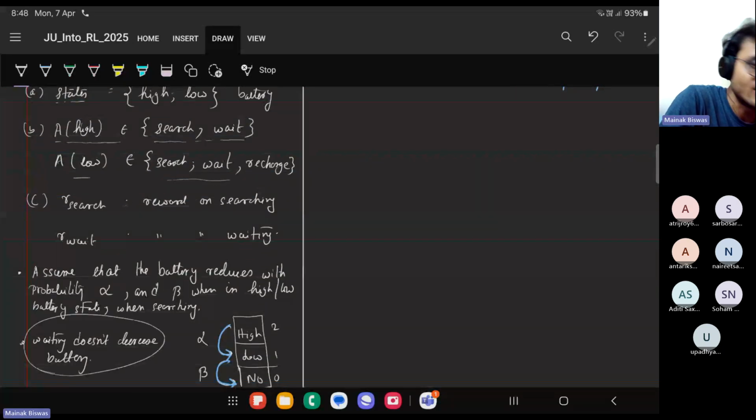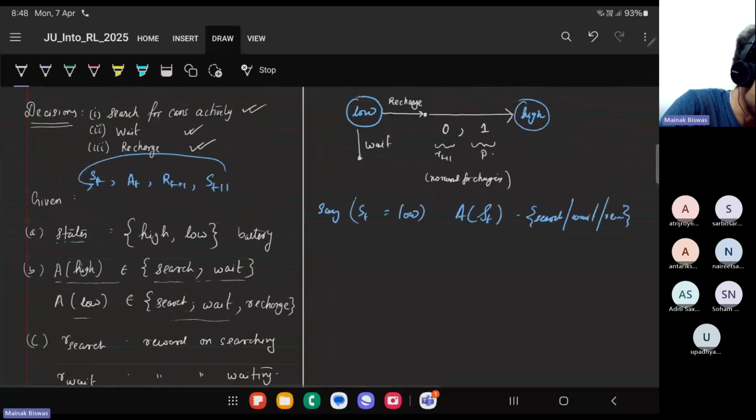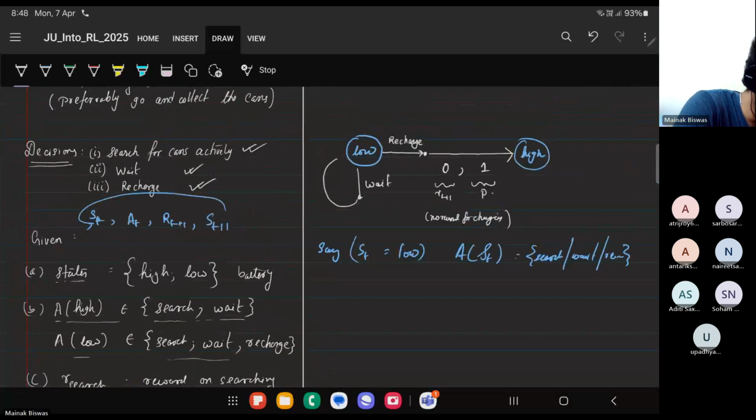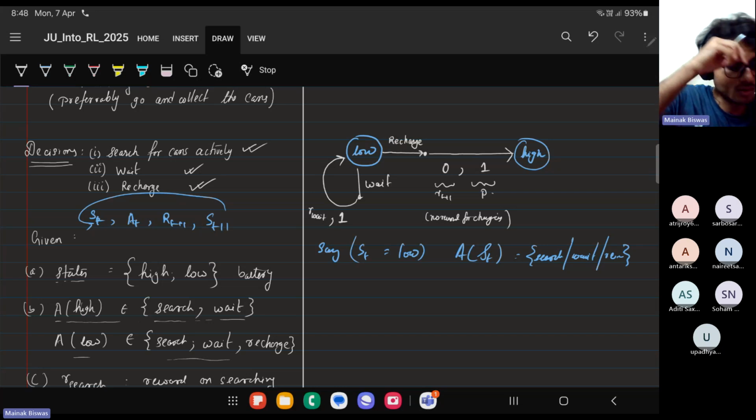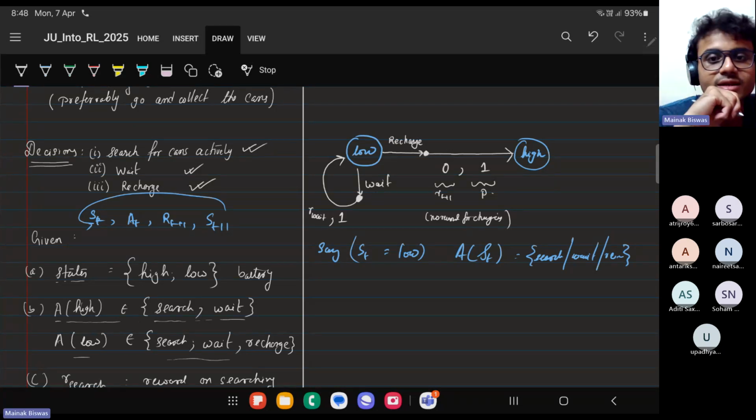Waiting does not decrease the battery life. And you get a reward of R wait. So with probability 1, I stay in the low state. So this dot represents what action I'm taking and then what is happening. Fine. Any questions?